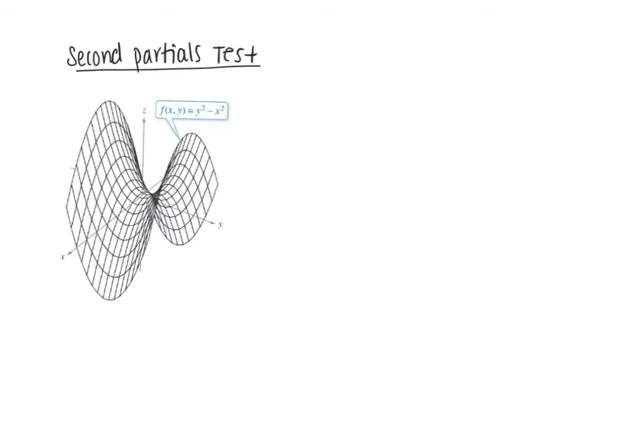The first thing we have to do is find the partial derivatives. So the test has a few steps here. We're first going to find where f sub x equals 0 and where f sub y equals 0, the two partial derivatives. And that'll give us the critical point (a, b).